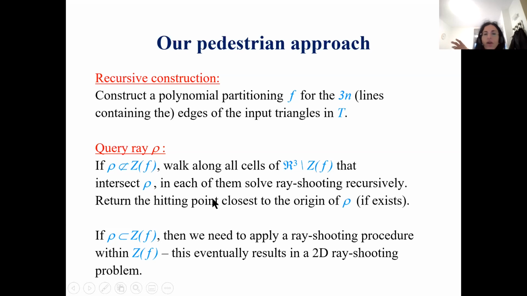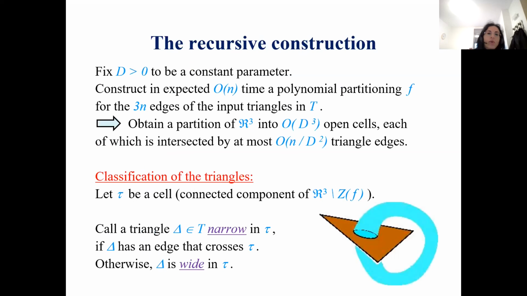And we collect all the answers, and we need to return the hitting point that is closest to the origin of rho, if such a point exists. And if the query ray lies in the zero set, then we need to apply a ray shooting procedure within the zero set. So this is a different mechanism. This eventually boils down to a two-dimensional ray shooting problem, for which we also have to build a structure of its own. So I will explain that in slightly more detail.